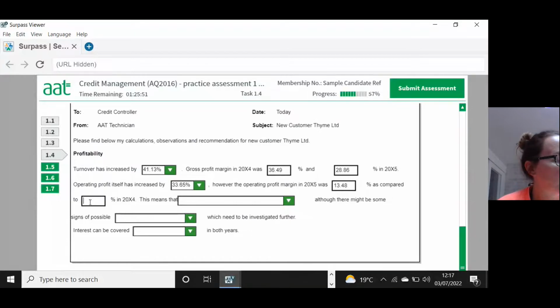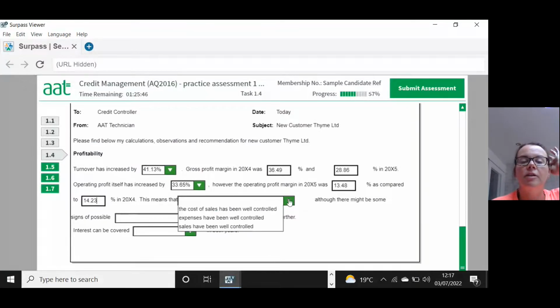Compared to the same calculation in X4. So basically, gross profit margin in X4 has fallen. Operating profit margin has actually improved.